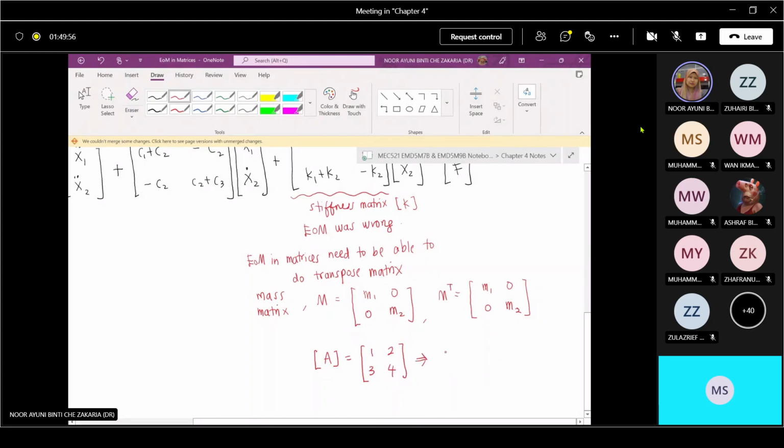If we do the transpose matrix of A, it will become 1, 3, 2, 4.